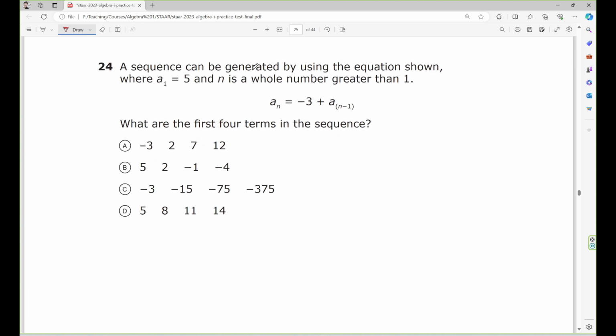A sequence can be generated by using the equation shown, where a1 equals 5, n is a whole number greater than 1, and then a_n equals negative 3 plus a_(n minus 1). So n right here, this is the next term. This is the previous term.